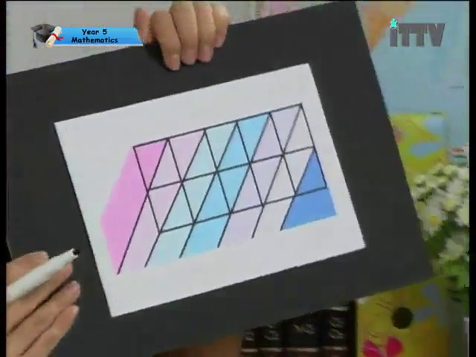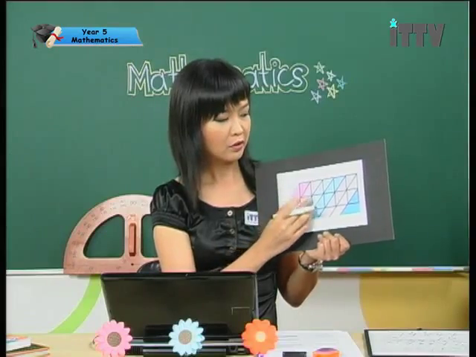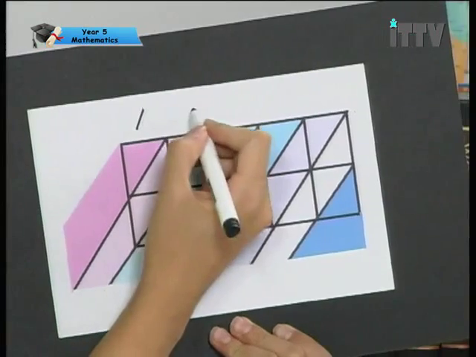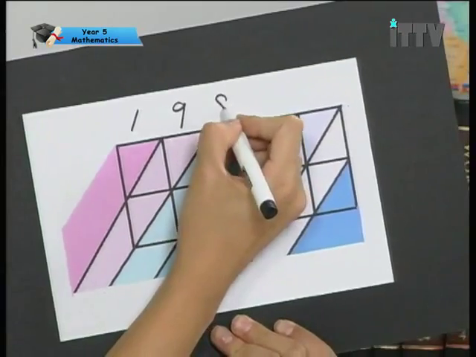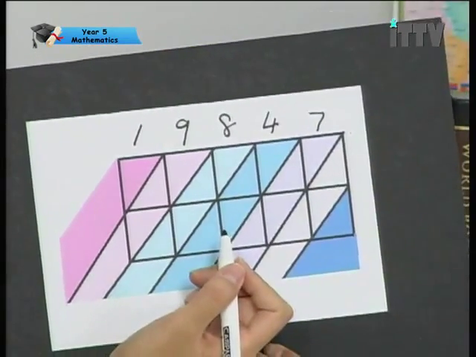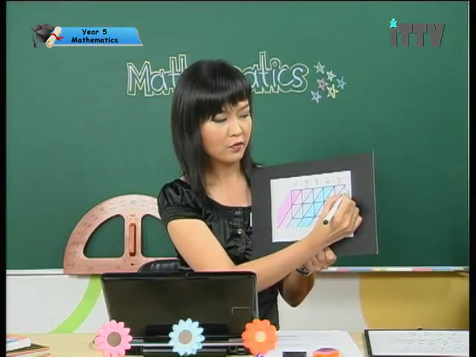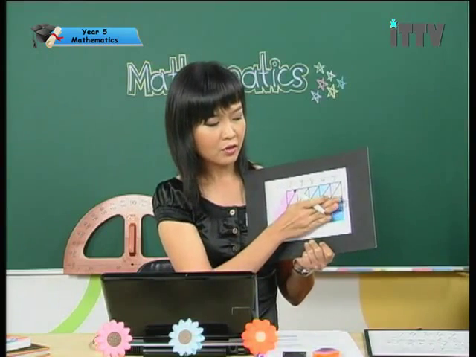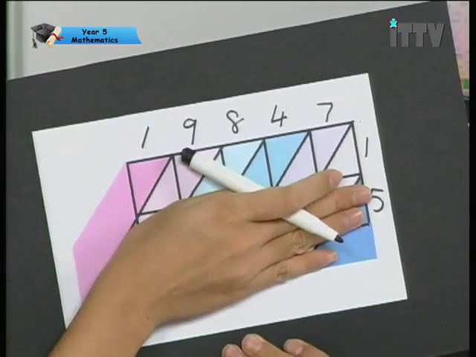Now, I'm going to copy down the question on this table. Okay? So we have 19,847 and times 15. So 15 I'm going to write here on the side. Let's try the top row first.